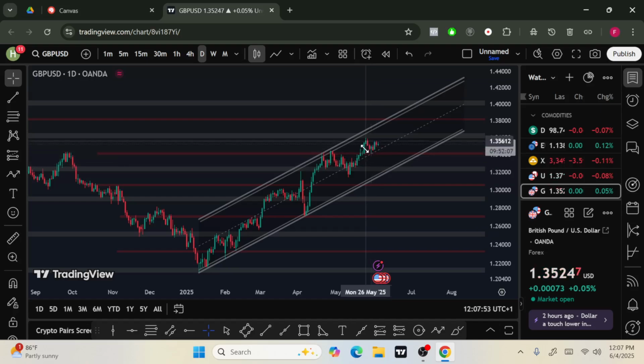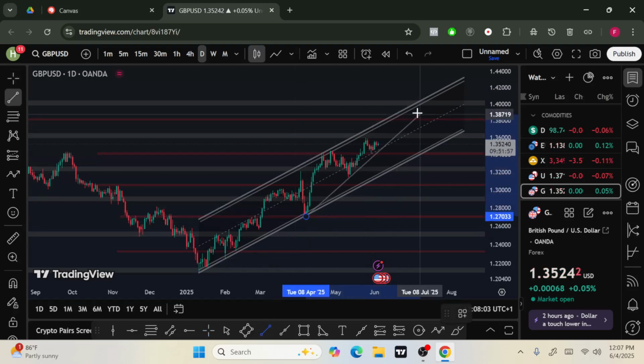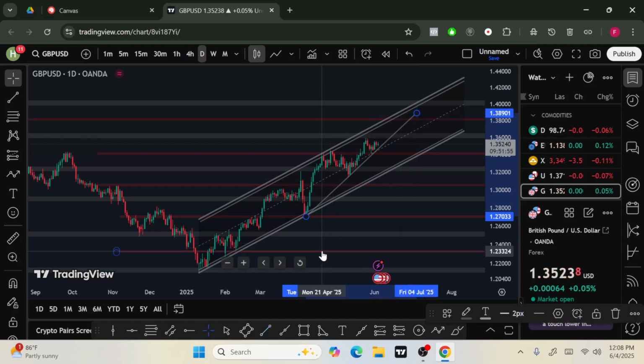If it breaks this potential M pattern, for this break to happen, it has to break from this trend to this trend to the upside. This is another counter trend. I told you about counter trend now.